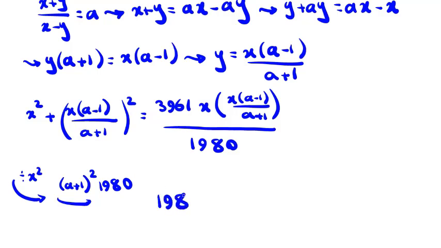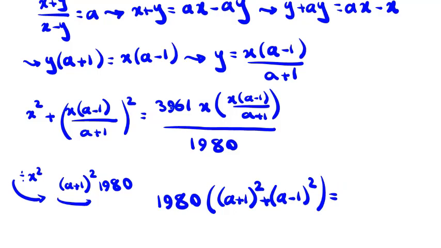On the left-hand side we have 1980 times ((a plus 1) squared plus (a minus 1) squared) equals 3961, x squared cancelled, (a minus 1), and because we multiply both sides by (a plus 1), it will be (a minus 1) times (a plus 1), so it will be this.